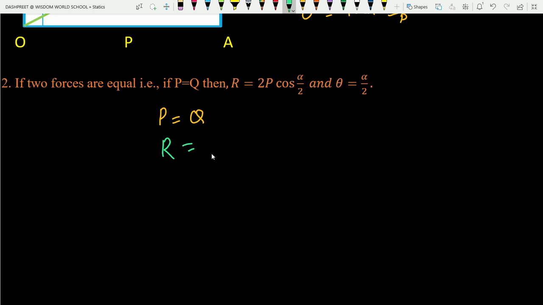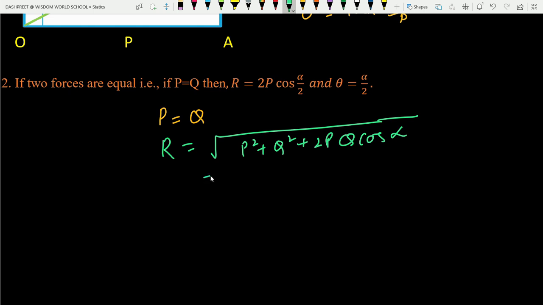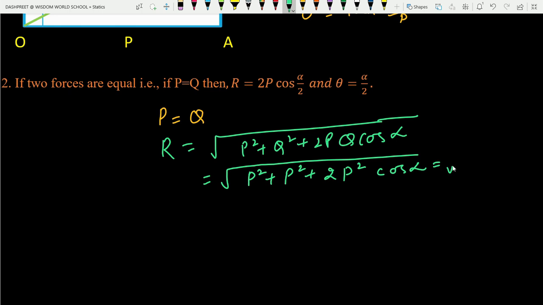Now we know that R is given by the formula root P square plus Q square plus 2PQ cos alpha. Since P is equal to Q, you can write it as P square plus P square plus 2P square cos alpha. Adding these, we get root 2P square plus 2P square cos alpha.